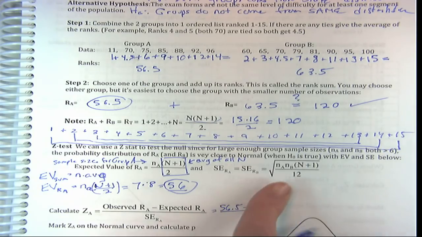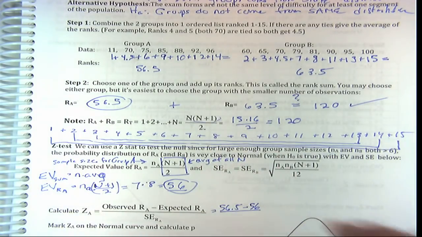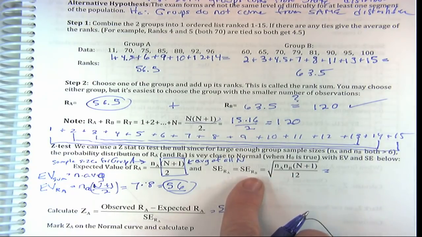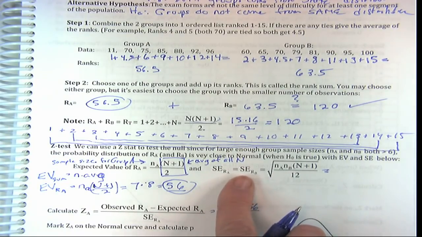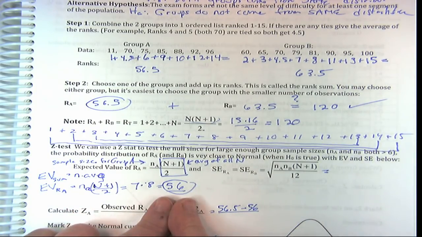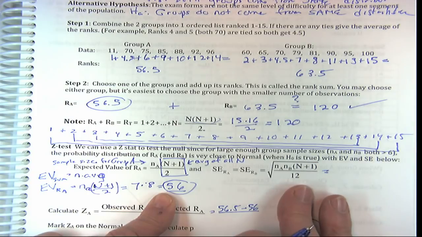Now the standard error is this, and you probably look at this and say, why? First, let's just calculate it. It's the same for both groups, and that makes sense because once you know this expected value, you know the other one, and they're going to have the same standard error here.